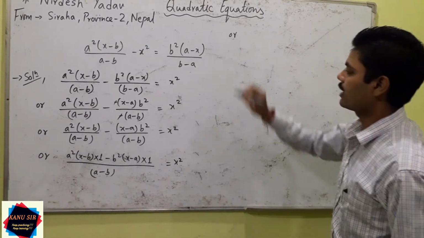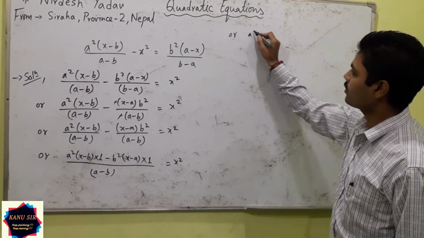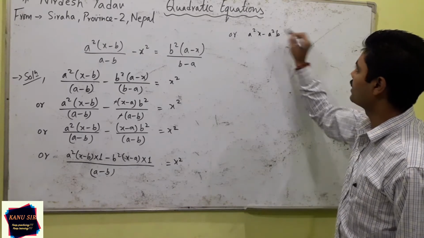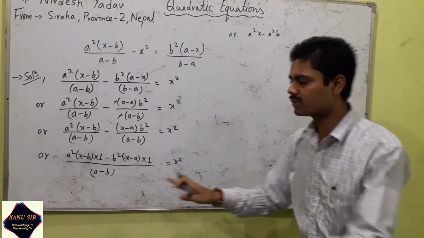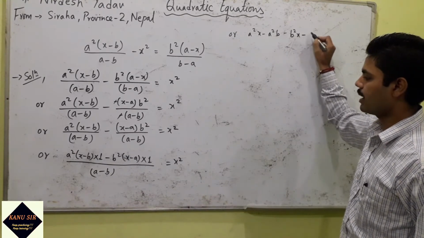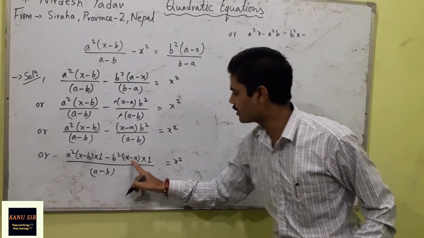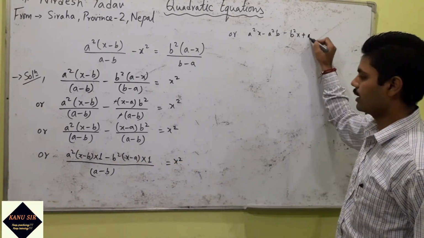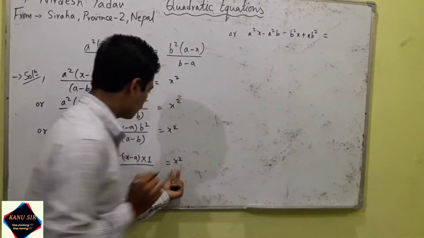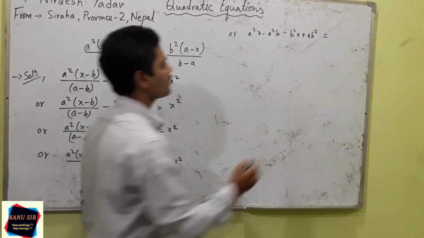Or you can see another a square x minus a square b multiplied by 1 will give no change in the values, minus b square x, minus times minus will get plus a b square, equals this. A minus b will go towards the right hand side with x square.